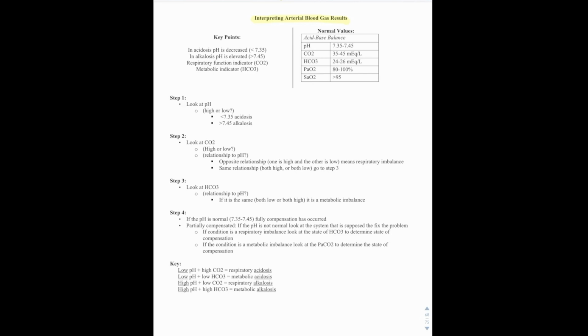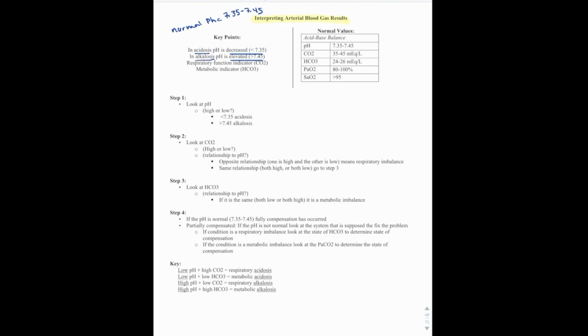Okay, so important to note that we know that a normal pH is 7.35 to 7.45. So if we go below that, we're in acidosis, and if we go above that, we're in alkalosis.